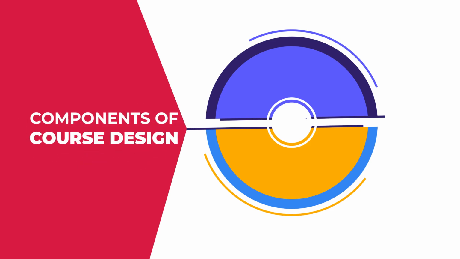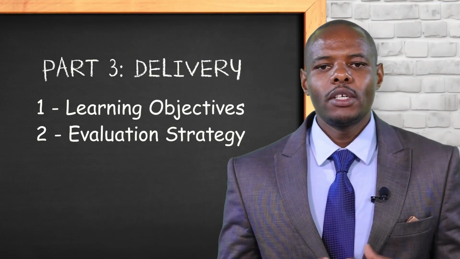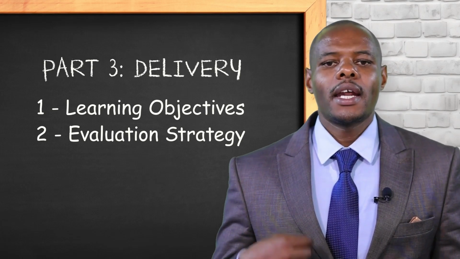We have two very major components in the design phase, one of them being setting the learning objectives. And when you talk about the learning objectives, we are basically looking at statements that quantify that the learners are understanding the overall aspects of the learning.